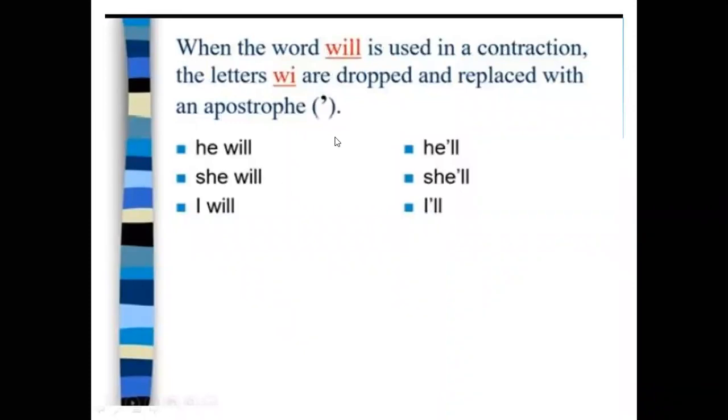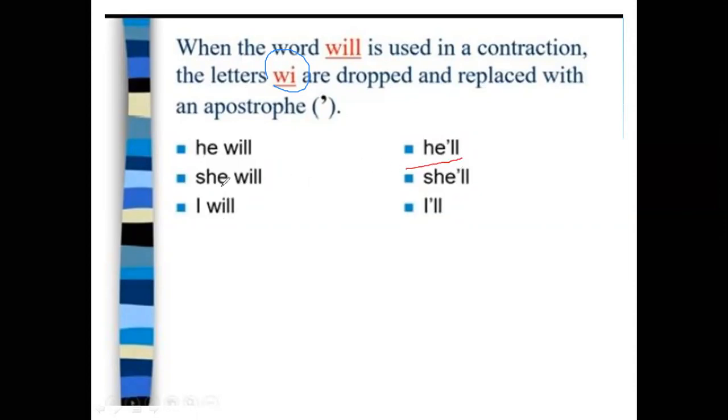Okay, and now when will is used in a contraction, the letters W and I are dropped and replaced with an apostrophe. He will. He will help.